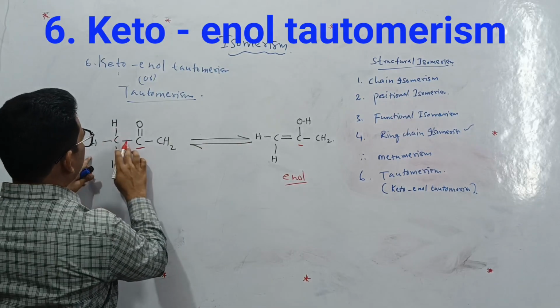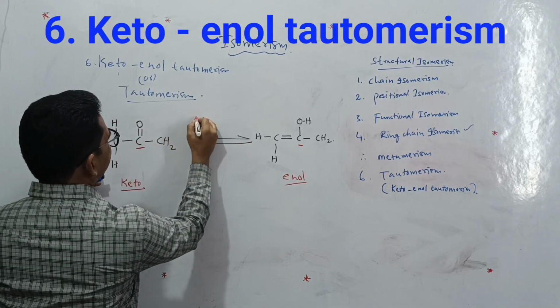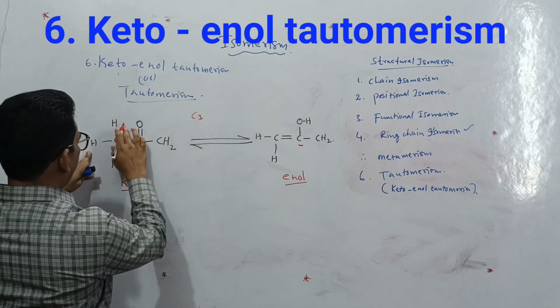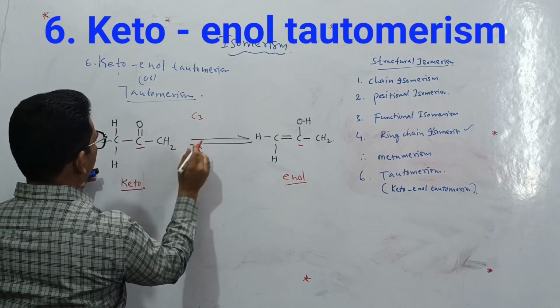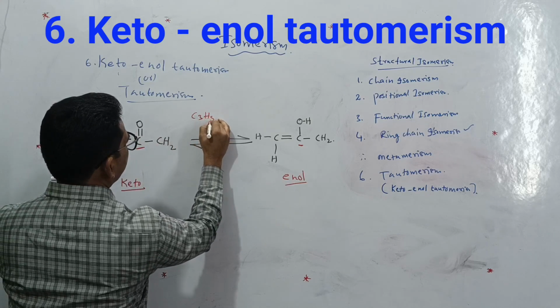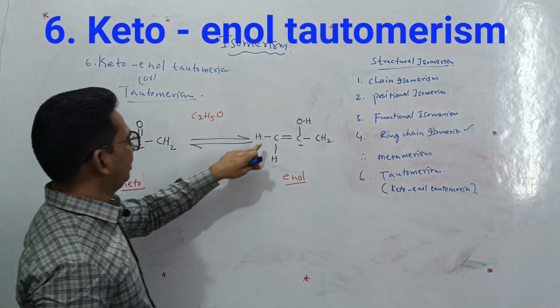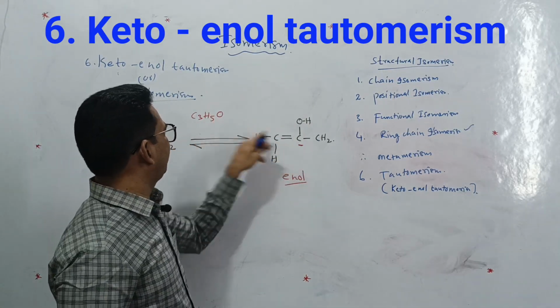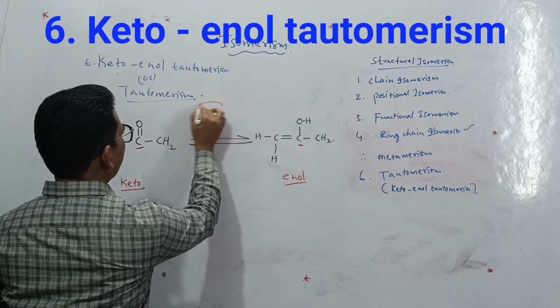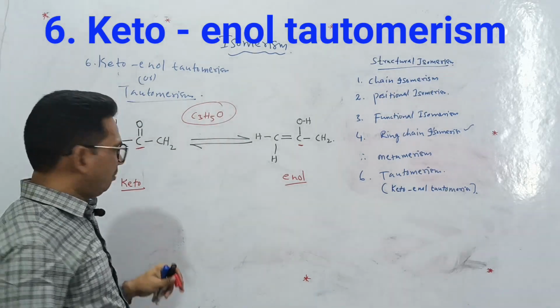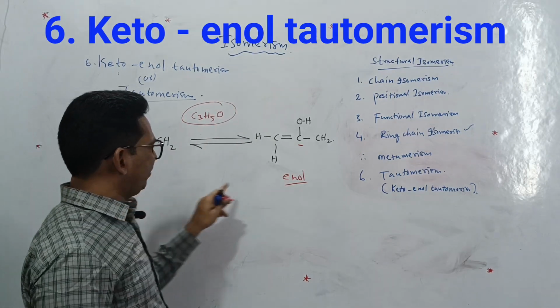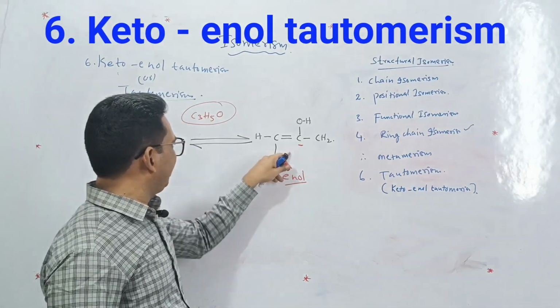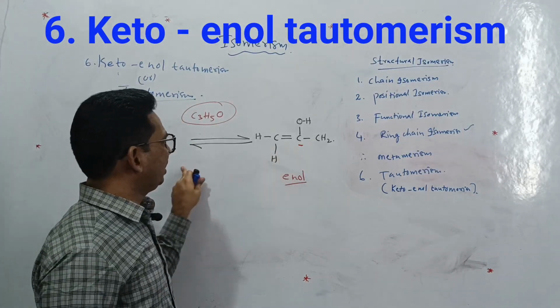How is it the same? See, how many carbons? 3 carbons, C3. How many hydrogens? 3 plus 2, 5 hydrogens, 1 oxygen. See here, 2, 4, 5 hydrogens, 3 carbons, 1 oxygen. Molecular formula is the same, but one is in the keto form, another is in the enol form, and both are in dynamic equilibrium with each other.